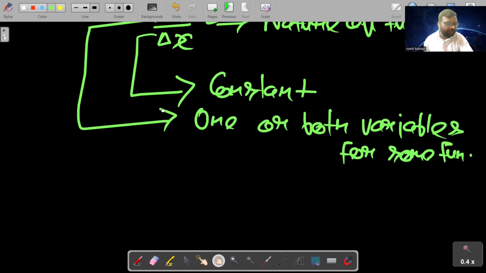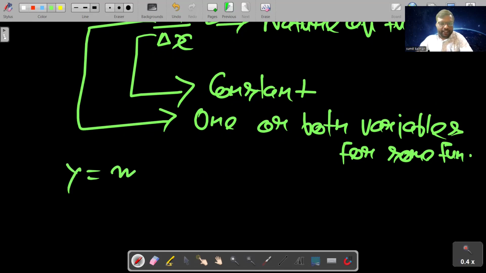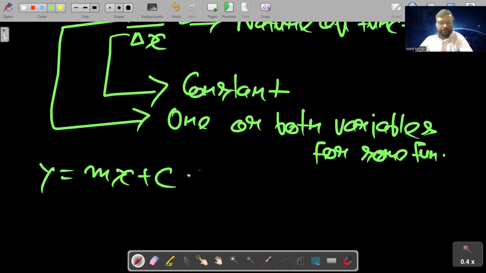Do you know the straight line equation, that is linear equation? Y is equal to mx plus c. Here students, the ratio of change in dependent variable, that is delta y, with respect to change in independent variable is constant m.